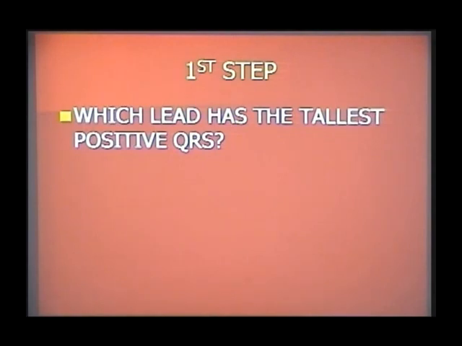The first step in axis calculation is I take the ECG, look at the 6 limb leads, and see which of the 6 limb leads has the tallest positive QRS complex. Very simple. If your eyesight is good, this is very easy. So that is the first thing you have to see, whether it is L1, L2 or L3.